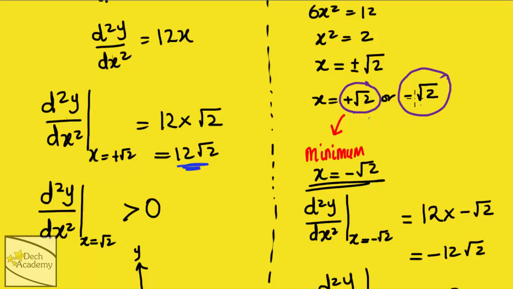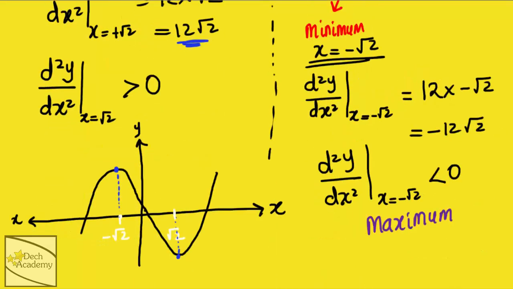For the other stationary point, the x coordinate is negative, and replacing x with that value gave a negative second derivative value, less than 0, which means that a maximum lies at that stationary point. So that's the second derivative test.